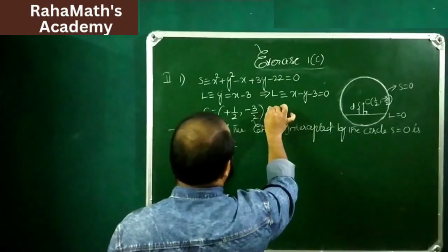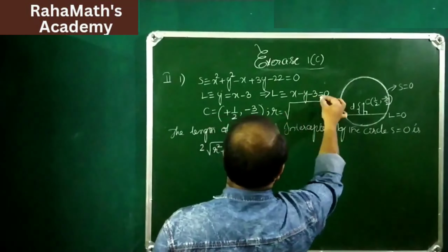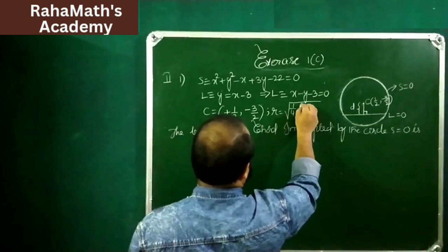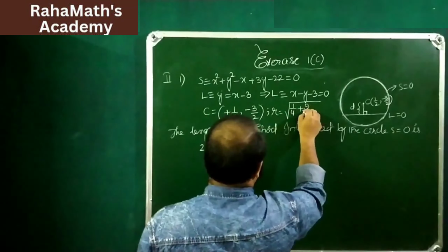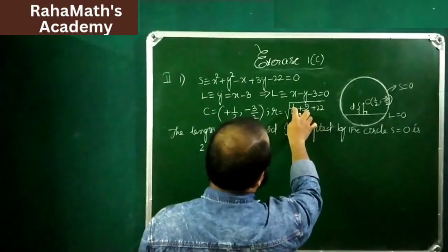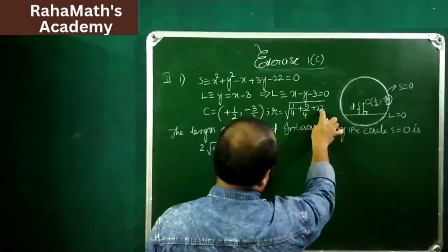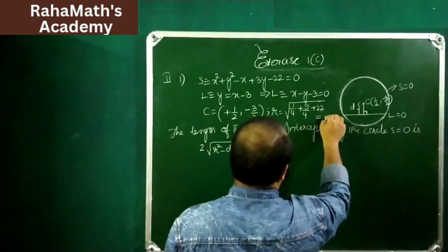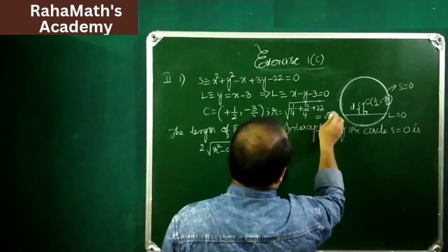What is r here? Radius is equal to square root of g square, 1 by 2 whole square, plus f square, 3 by 2 whole square, which is 9 by 4, g square plus f square minus c, minus of minus is plus 22. So this is 9 plus 1, 10, 4 22s, 88, plus 1, so root 98 by 4.